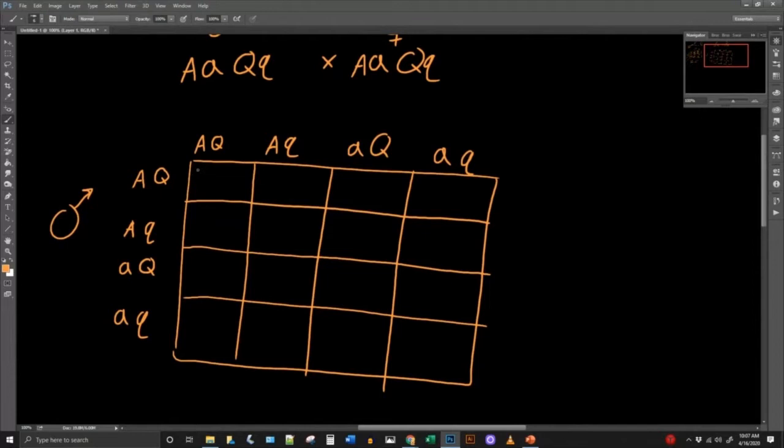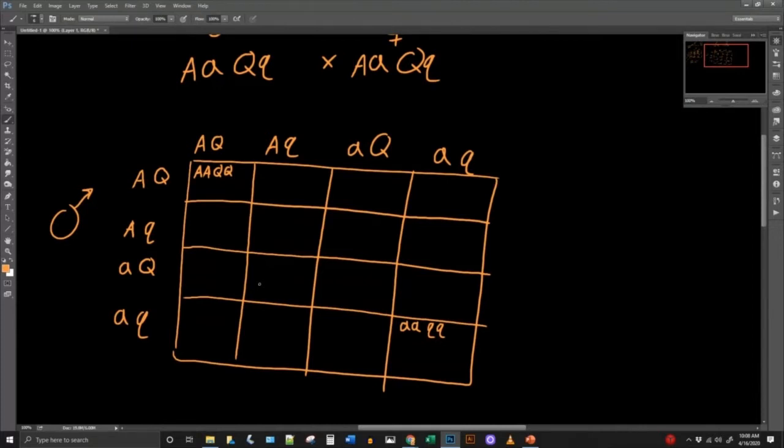So, for example, in this top box, you would get an individual that is homozygous dominant for both of these traits. In this case, you would get someone down here that is homozygous recessive for both of those traits, and you'll get lots of different combinations in between.